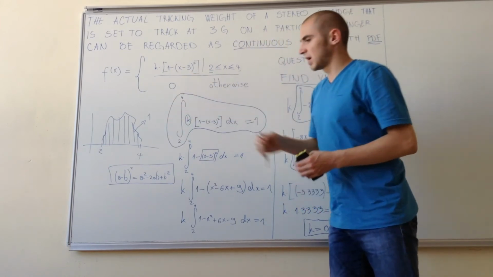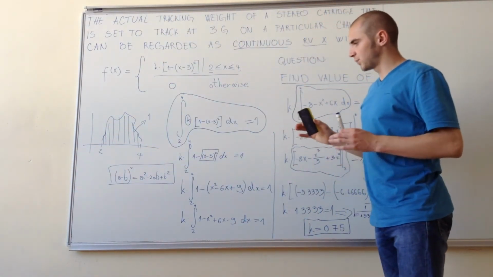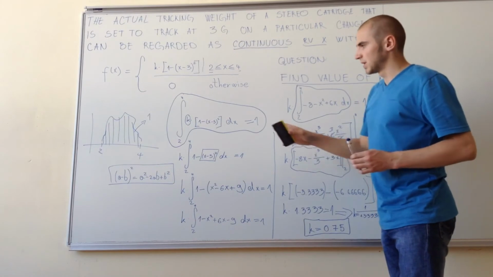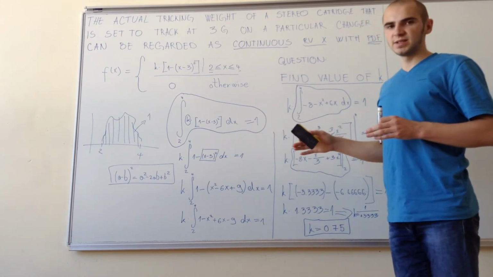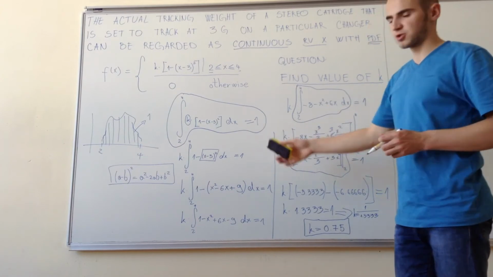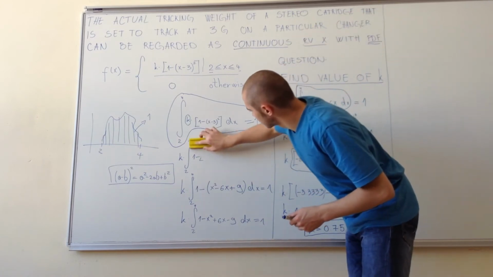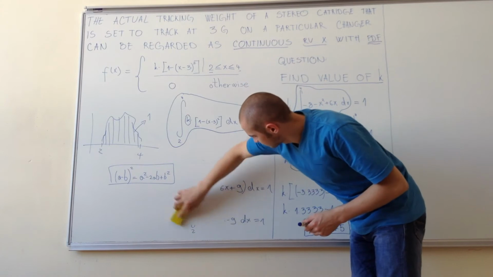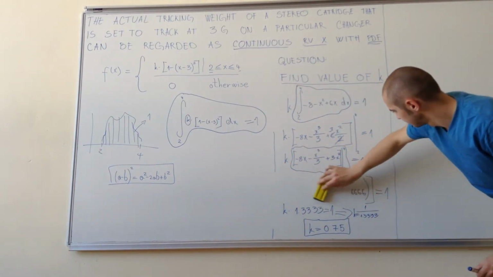And now I will remove all of these parts that are unnecessary. But we will keep the solution of this integral since we will be using it in the rest of this video while solving other problems. So this part is unnecessary, and everything here as well.